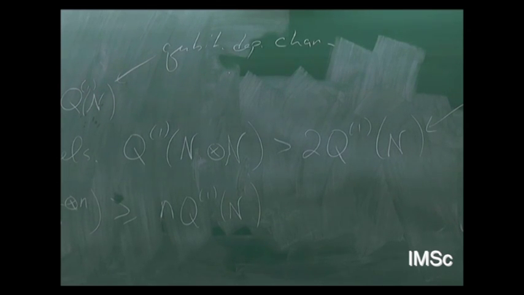Because when you try to evaluate this Q1, this optimization can be quite difficult. It's not like a convex thing or something. So if you want to evaluate this on 5 copies of the channel, you can find an answer. But if you want to do it on 10 copies of the channel, you will not find an answer. But this result itself is not numeric. The result here, no, it's not.